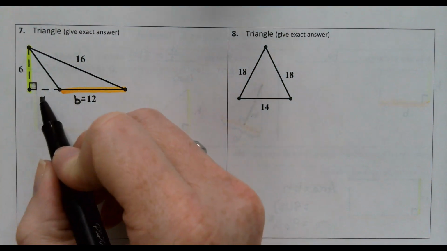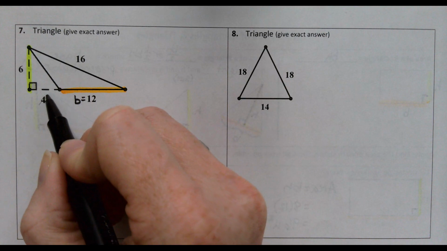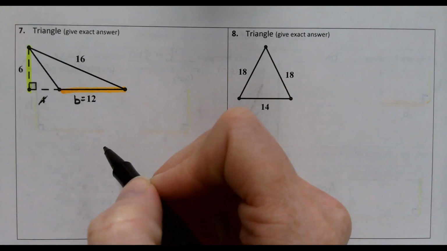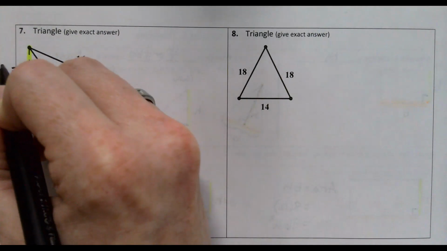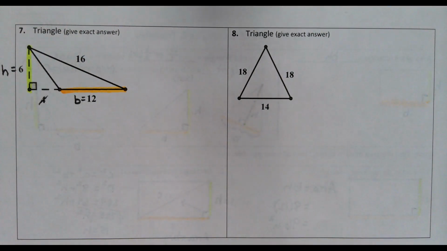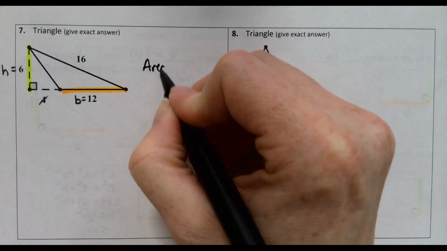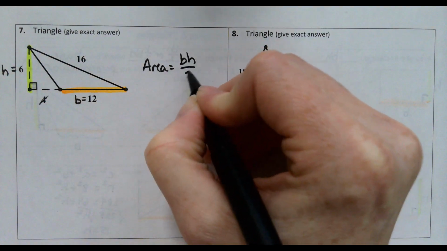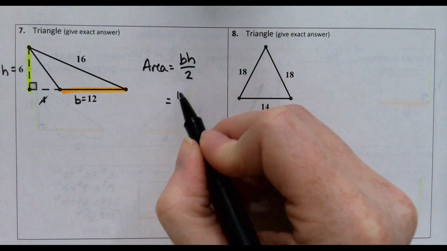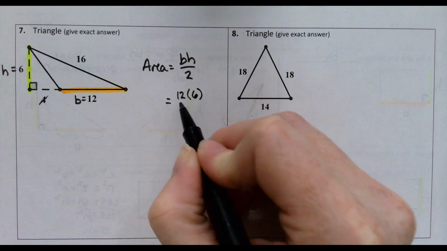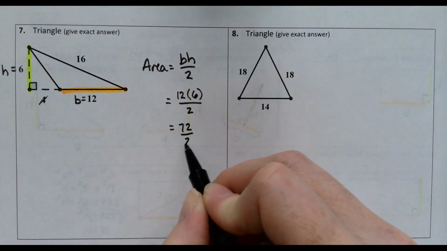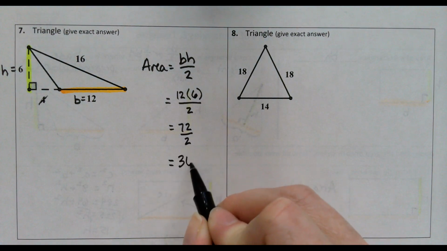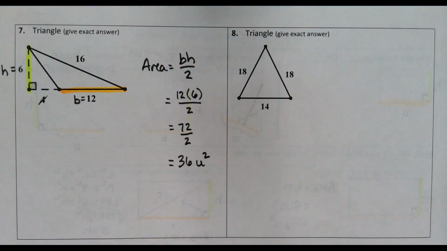That 4 is not used in the problem because that's not actually part of the side. That's just how far that little extension happens to take you over to where the height is at. One more time, we're dealing with triangles, so the formula would be base times height divided by 2. 12 times 6 divided by 2 will be 72 divided by 2, or 36 square units.